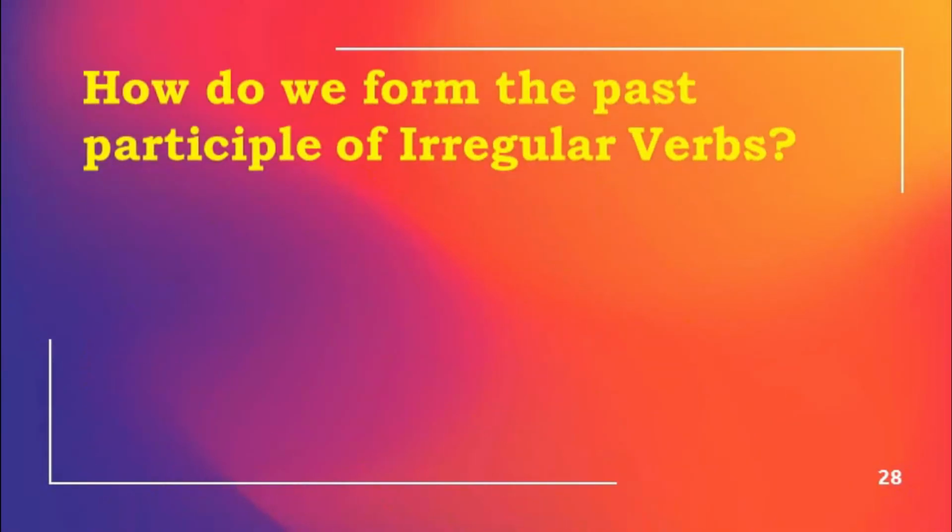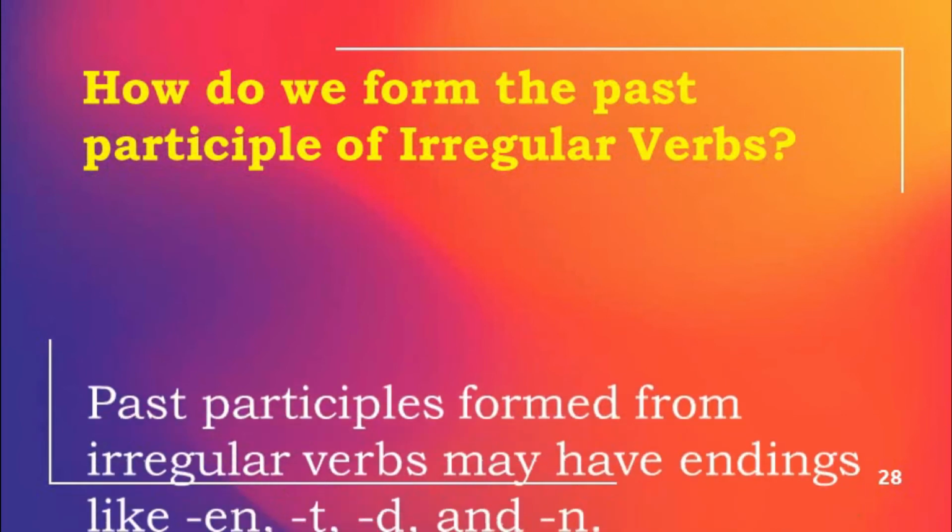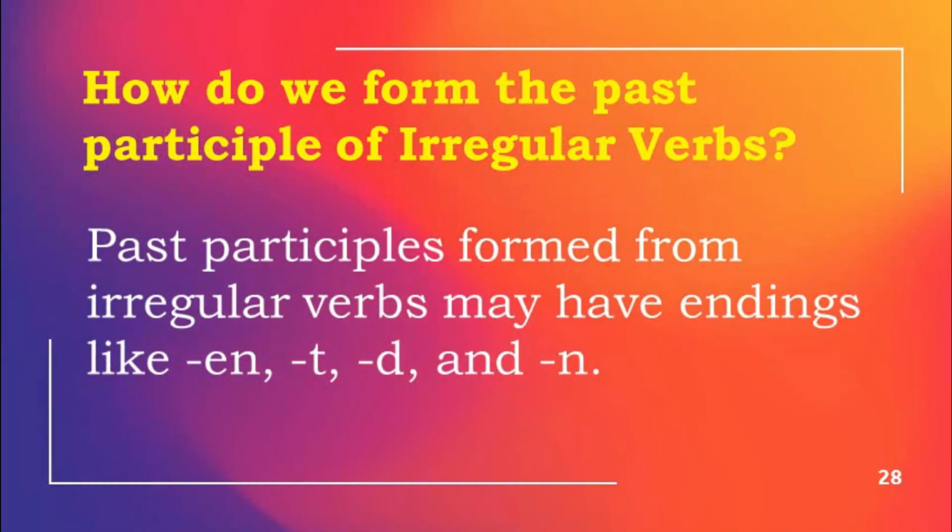How do we form the past participle of irregular verbs? Past participles formed from irregular verbs may have endings like en, t, d, and n.